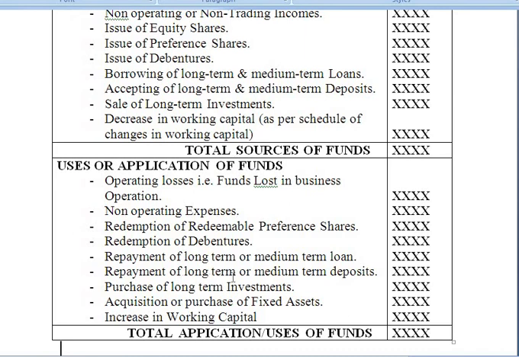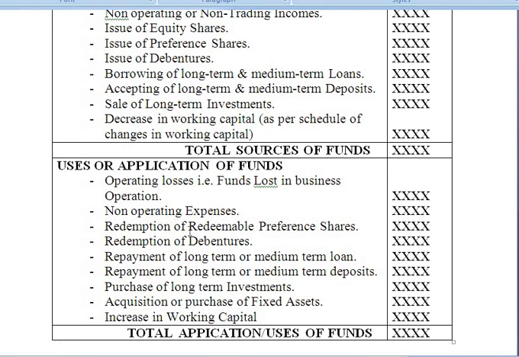Okay, the examples of application of funds are operating losses, that is funds lost in business operation or loss from operations. A balancing figure in negative will come here on the application side. Okay, next, non-operating expenses, for example depreciation, loss on fixed assets, all those are examples of non-operating expenses.